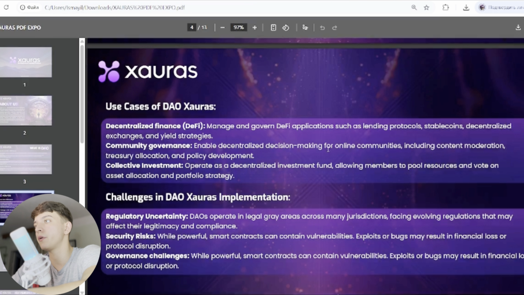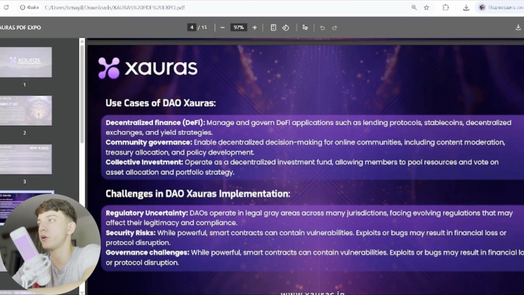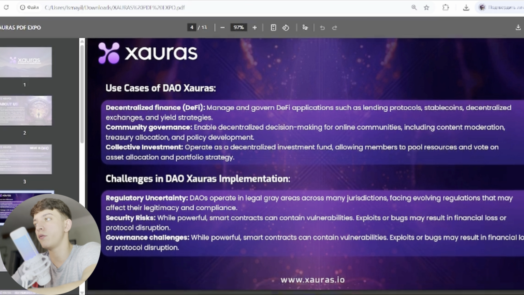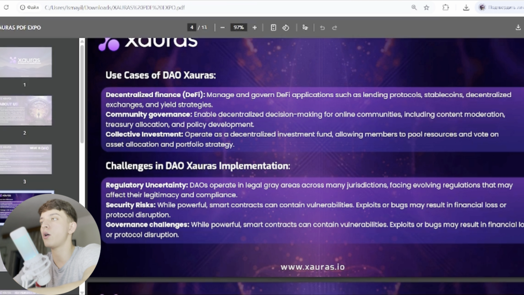Community governance enables decentralized decision making for online communities, including content moderation, treasury allocation, and policy development. The challenges in DAO implementation are regulatory uncertainty: DAOs operate in legal gray areas across many jurisdictions, facing evolving regulations that may affect their legitimacy and compliance.